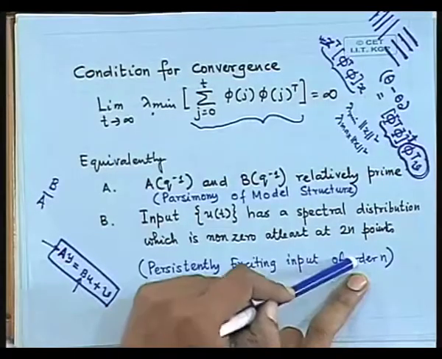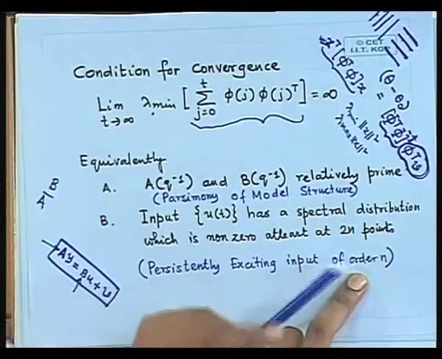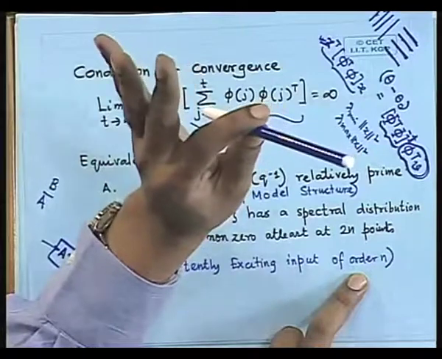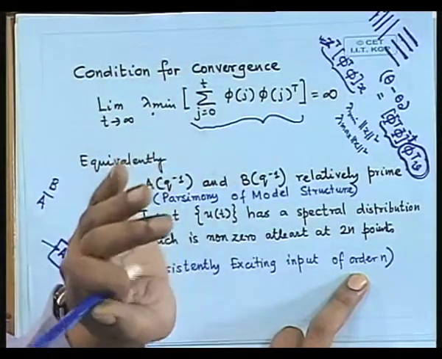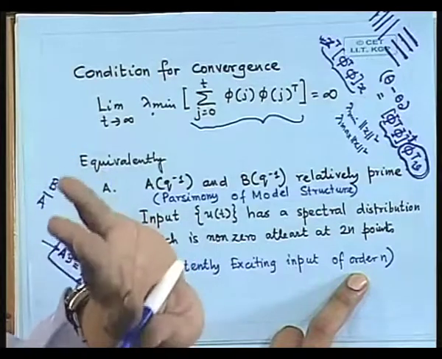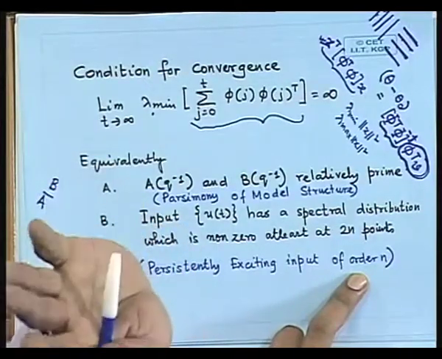So to excite all the modes of an n-dimensional system, because this order is n, you need n sinusoids. Whatever input you give must be decomposable as a sum of n sinusoids of non-trivial power.